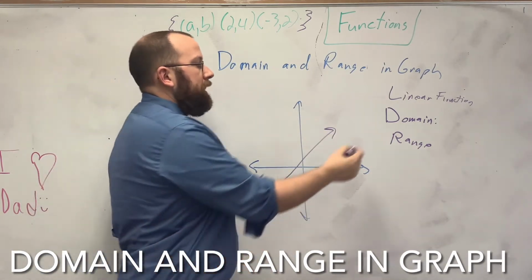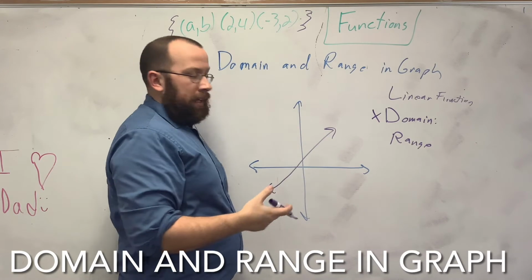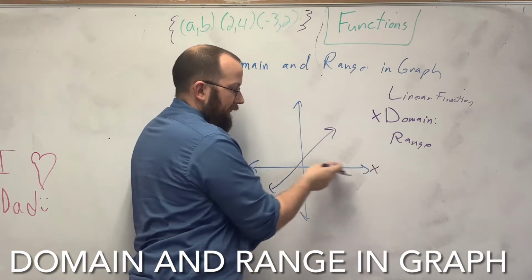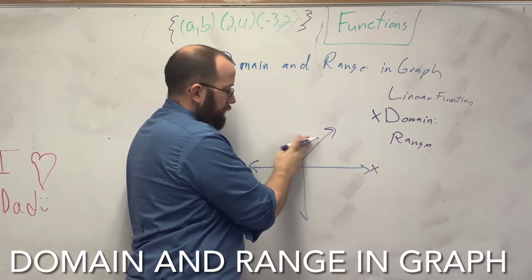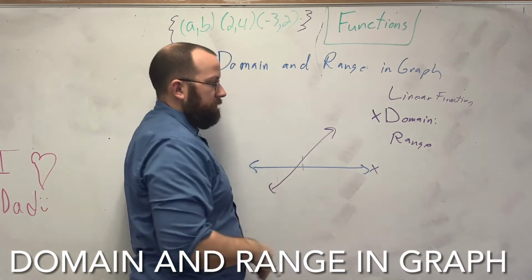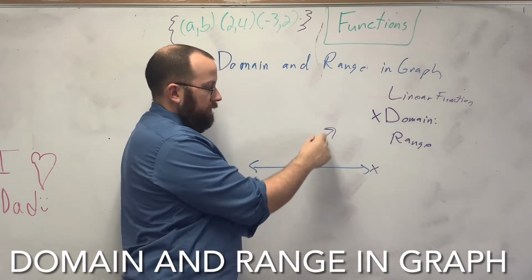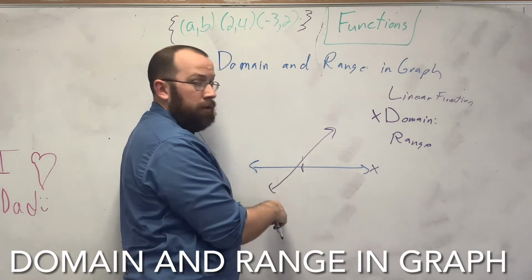Since your domain deals with your x values, when you find the domain, you're only looking at the x-axis. So just completely ignore that the y-axis exists. So where on this line is this line going to go?